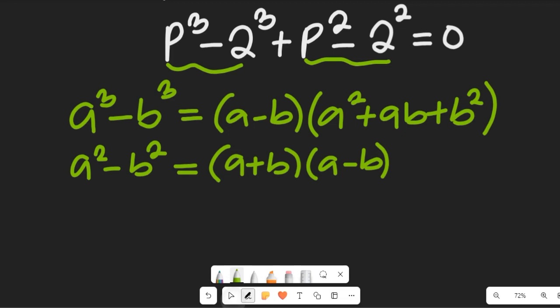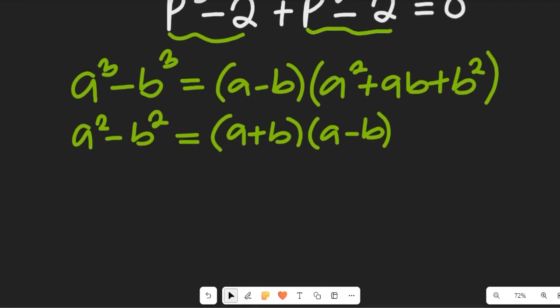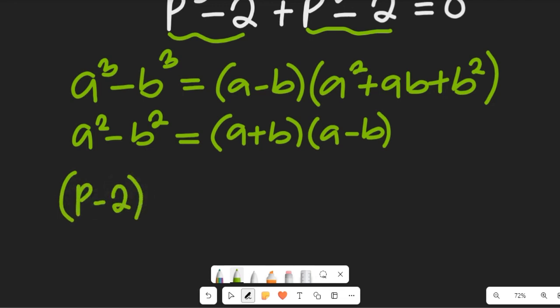Now, if we insert this into the expression, remembering that our a is equal to p and our b is equal to 2, that expression will now give us p minus 2 multiplied by p squared plus 2p plus 2 squared, right?